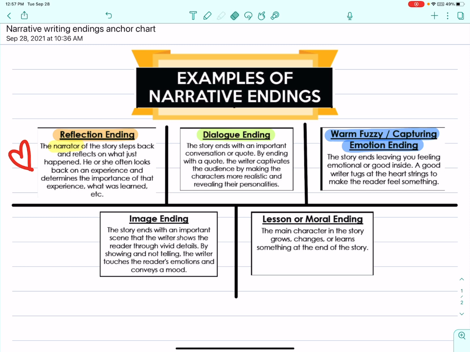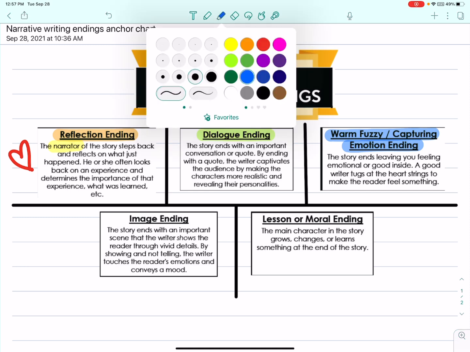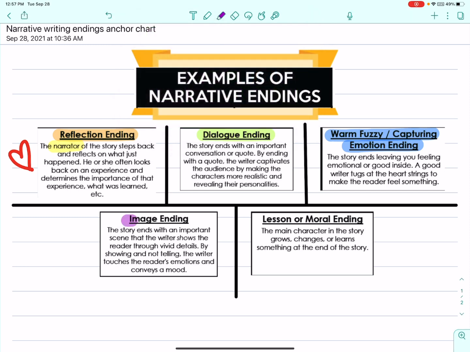The next ending is the image ending. So the story ends with an important scene that the writer shows the reader through vivid details.